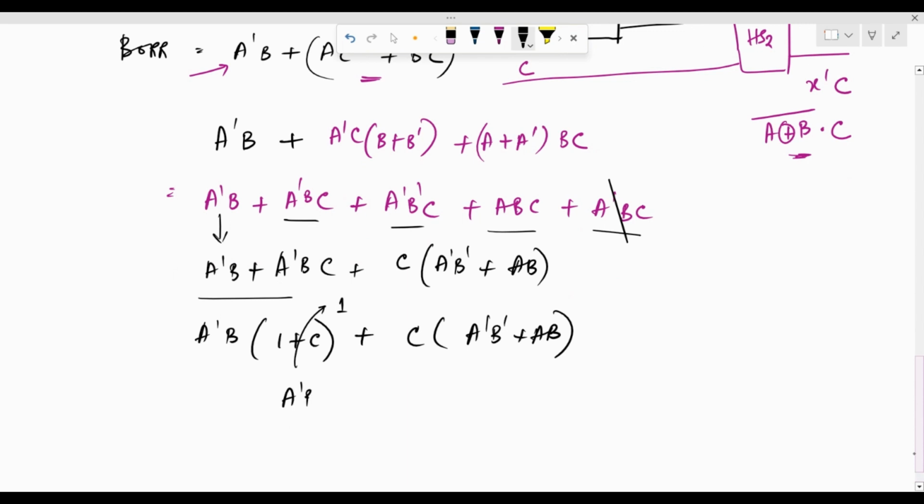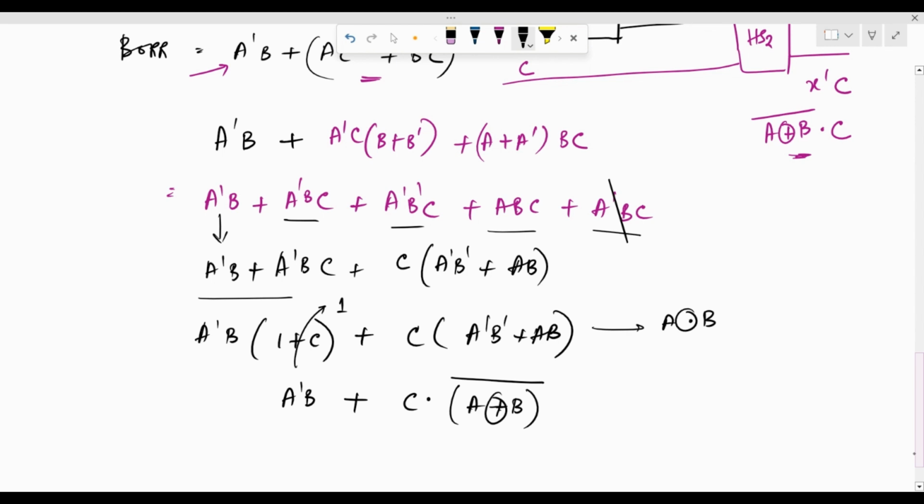So I have A dash B, which was coming out from the first half subtractor, and C into A XNOR of B, which is A XOR B the whole bar. Because if you look at this expression, it is A bar B bar plus AB, which is nothing but A XNOR of B. So that is the complemented version of XOR.